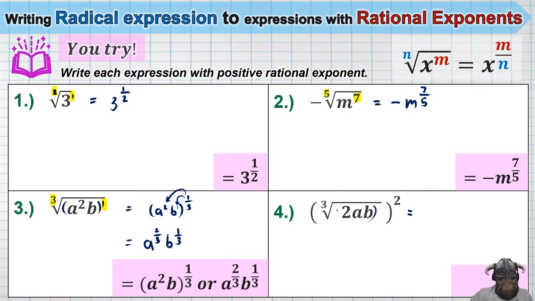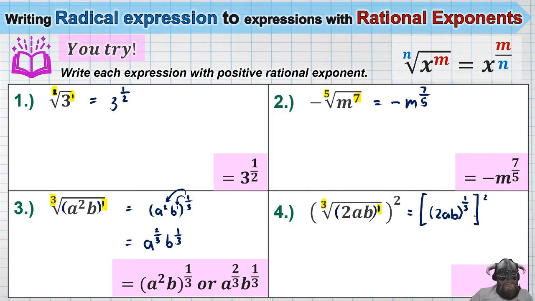Once again, let's enclose the whole expression of the radicand and make their exponent be equal to 1. So, gagamitin natin yan as the numerator and then yung index will be the denominator. So, we have quantity 2ab raised to, numerator natin once again ay 1 and then denominator natin is 3. Yan. In this case, wag mong kakalimutan na naka-raise pa rin sila kay 2. So, yan, naka-raise pa rin sila kay 2.